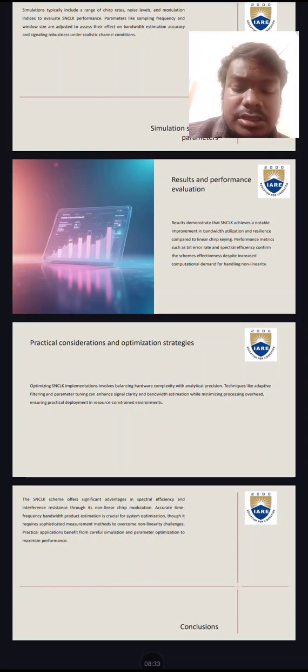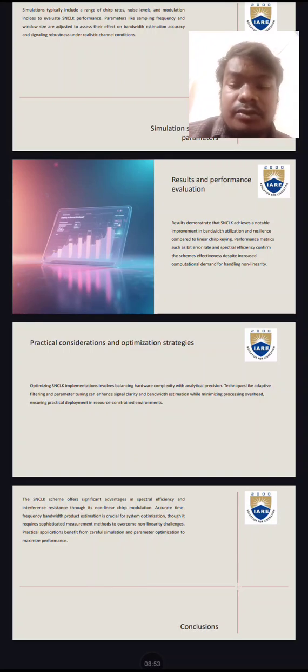Practical considerations. Optimizing SNCLK implementation involves balancing hardware complexity with analytical precision.